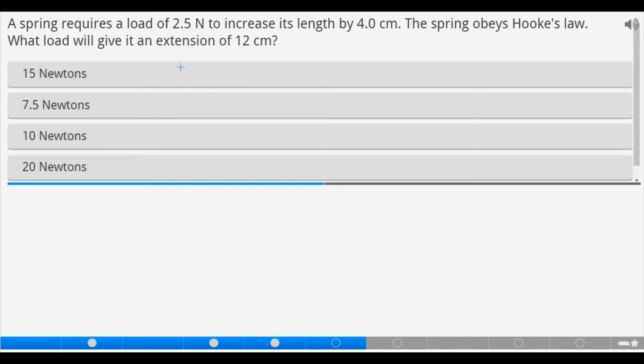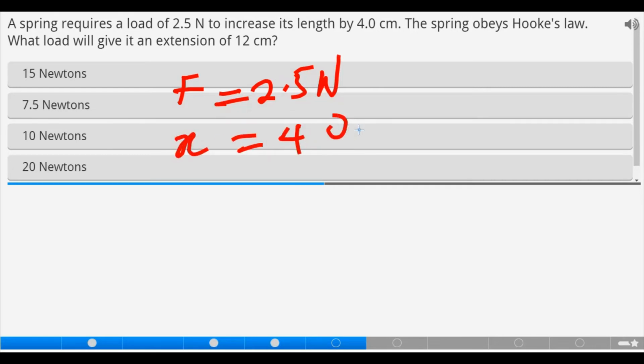A spring requires a load of 2.5 newtons. That means F is equal to 2.5 newtons. To increase its length, that is x now, is 4.0 centimeters. What load will give it an extension e of 12 centimeters?